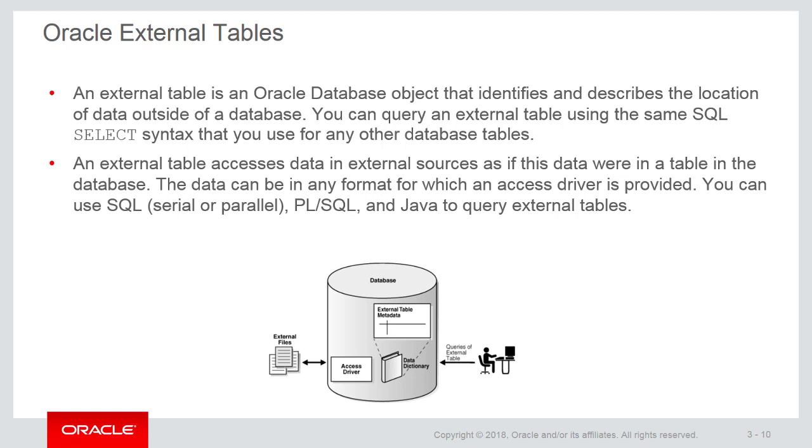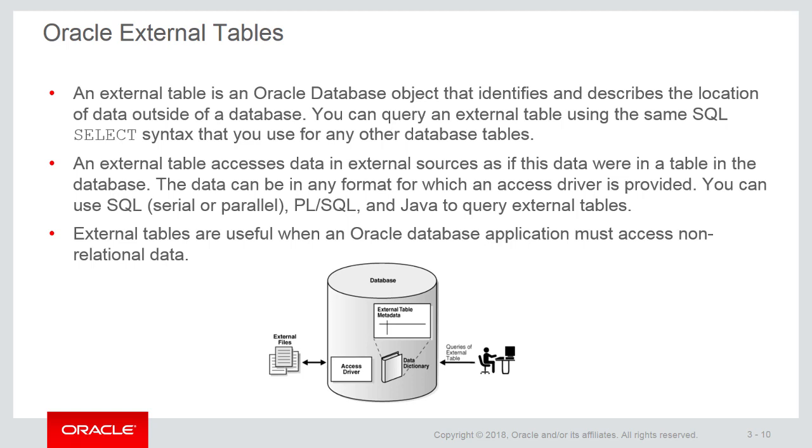The data can be in any format for which an access driver is provided. You can use SQL, PL/SQL, and Java to query external tables. External tables are useful when an Oracle database application must access non-relational data.